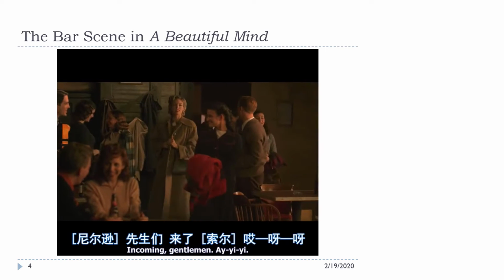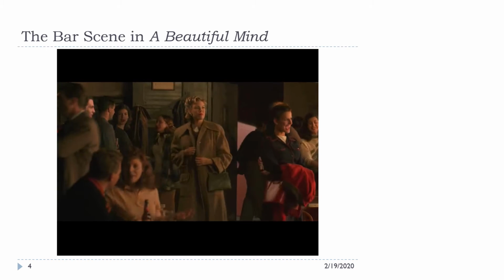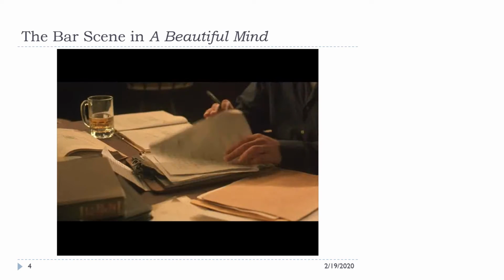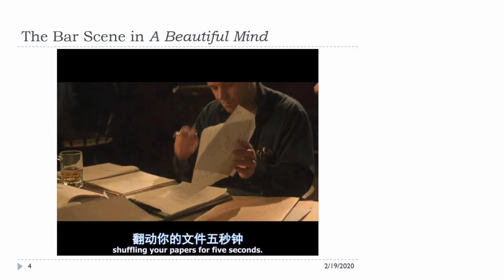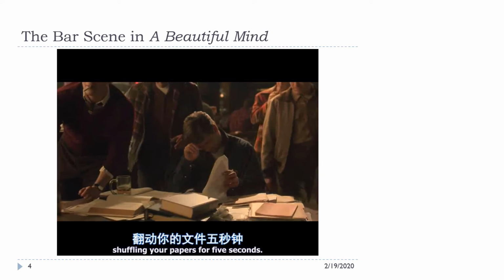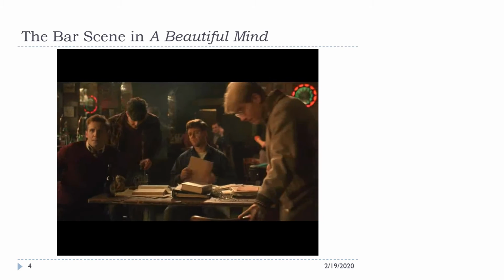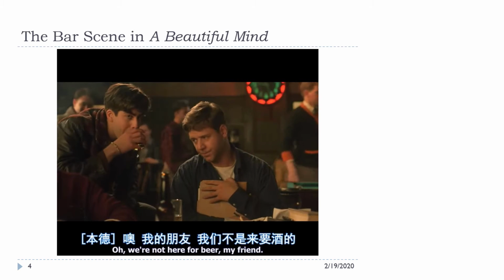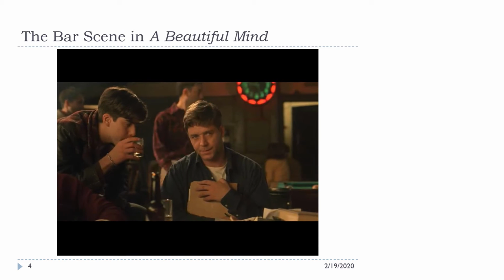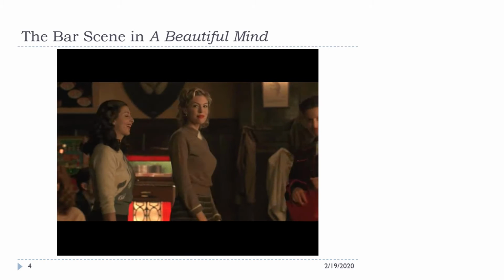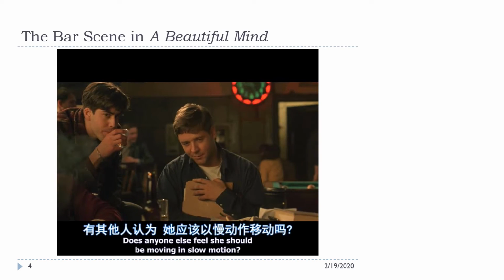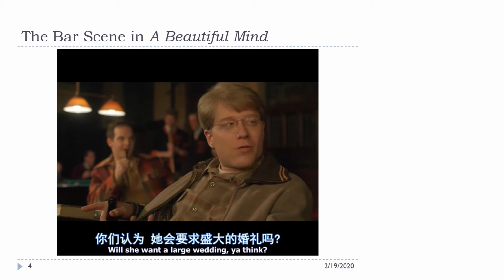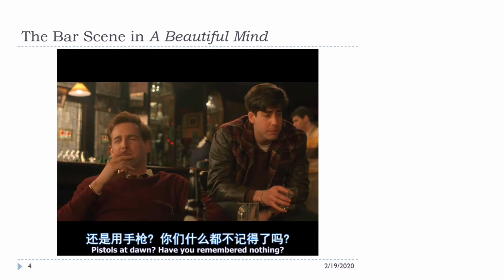Incoming, gentlemen. Deep breaths. Nash, you might want to stop shuffling your papers for 5 seconds. I will not buy you gentlemen beer. Oh, we're not here for beer, my friend. Does anyone else feel she should be moving in slow motion? Will she want a large wedding, you think? Should we say swords, gentlemen? Pistols at dawn?